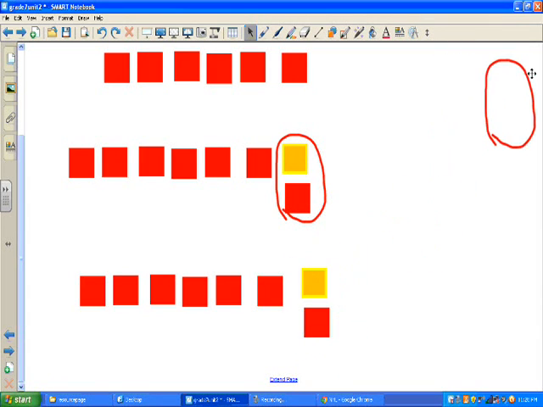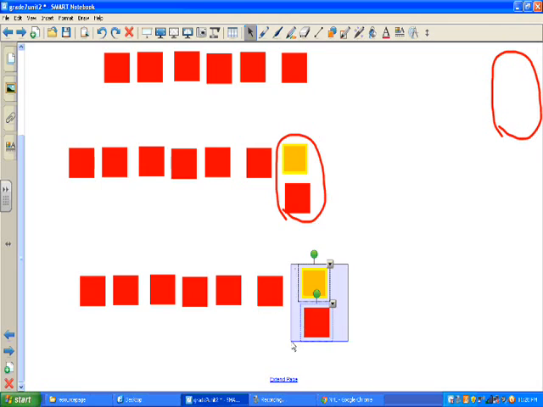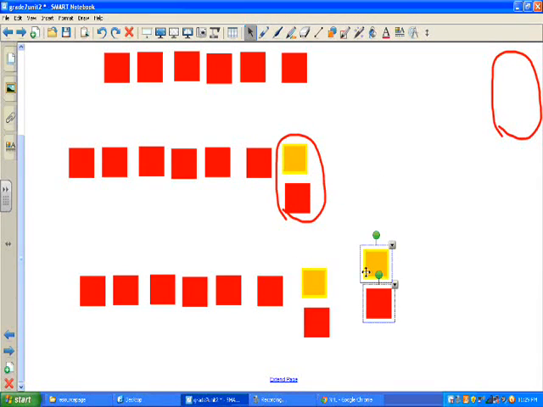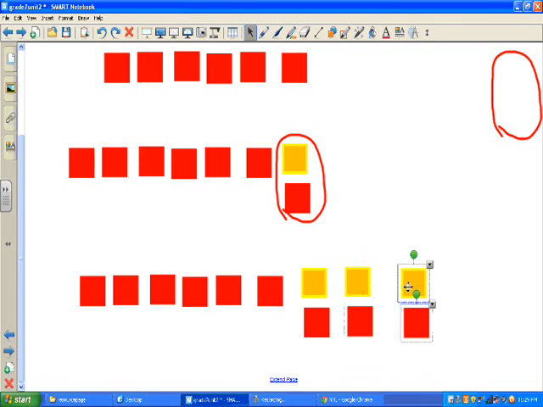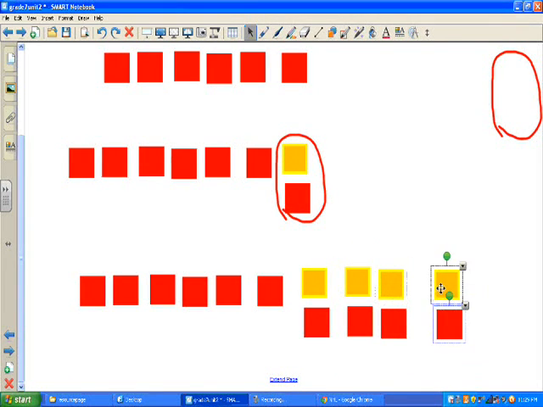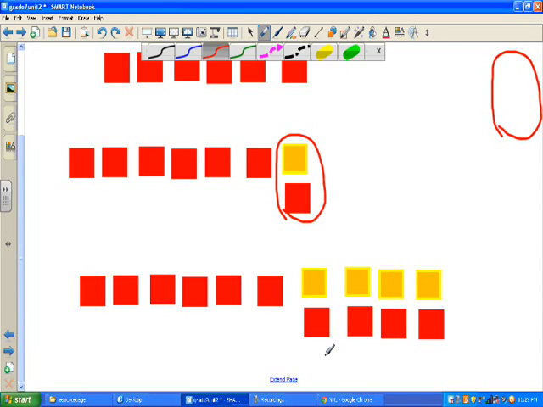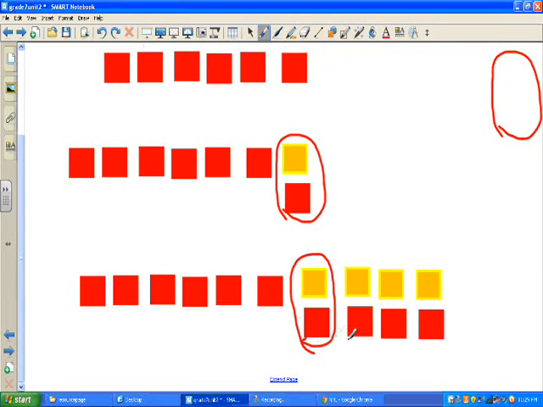I'm going to get rid of this here for now. And I can add another zero pair, and another one, and another one. I can keep going forever. And that's still minus 6, because all of these cancel each other out. I will circle them and then just count how many I have.